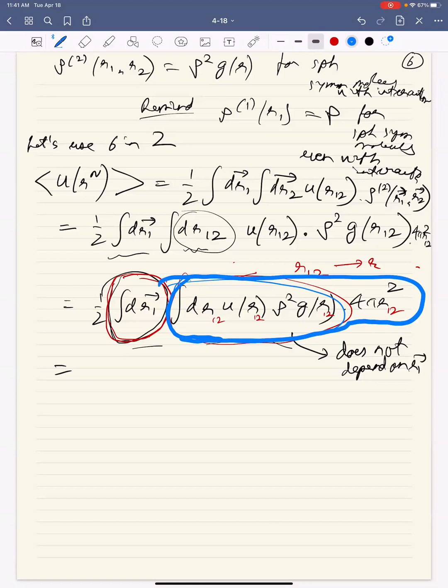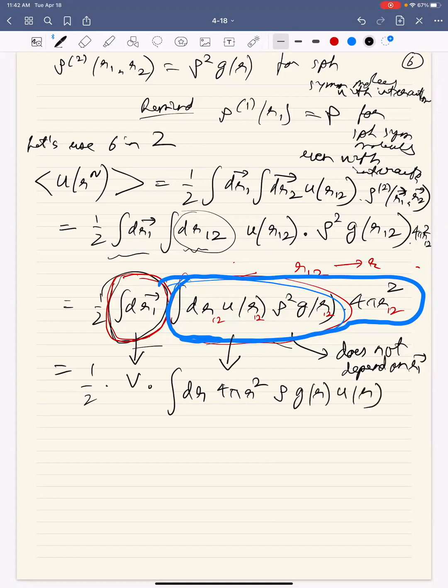are completely separate. And the integral in red is just volume. Integral of dr1 is just volume. So this thing becomes half multiplied by volume. That's this integral. And this one becomes dr 4 pi r square rho g of r u of r.